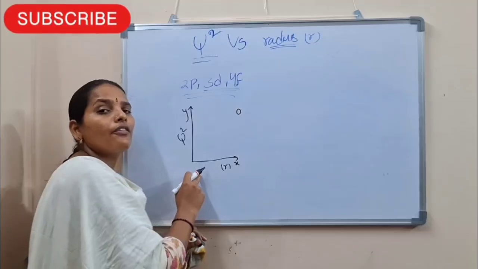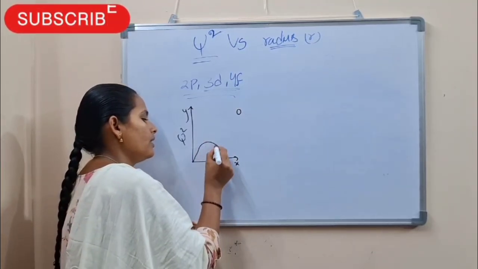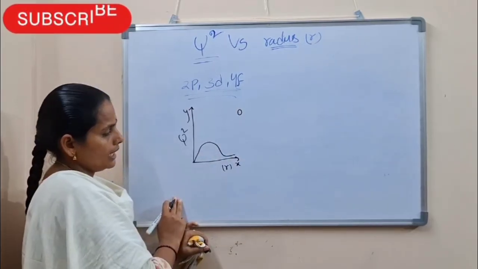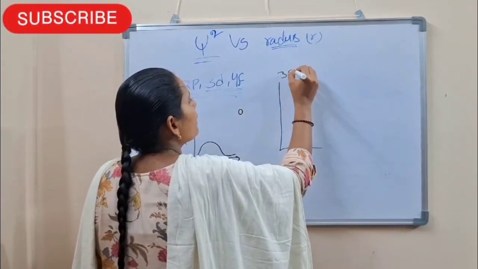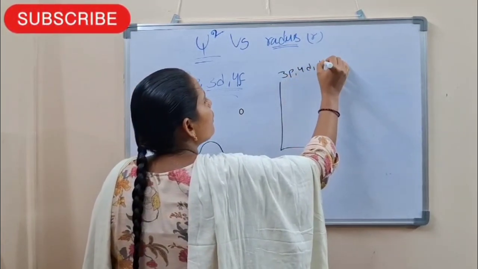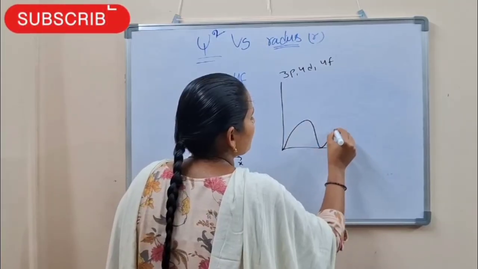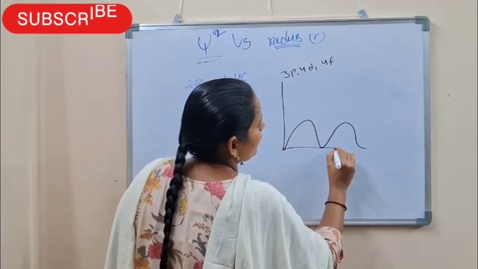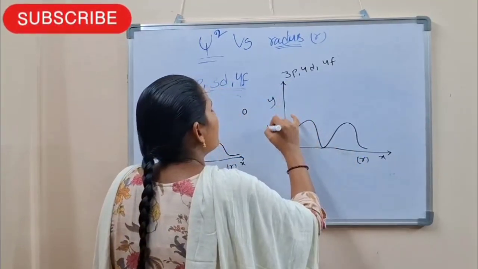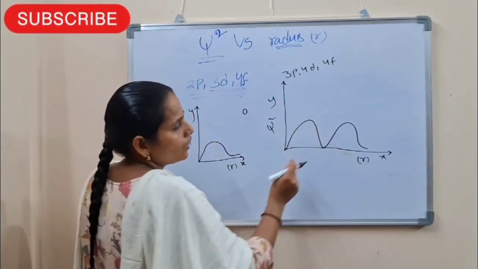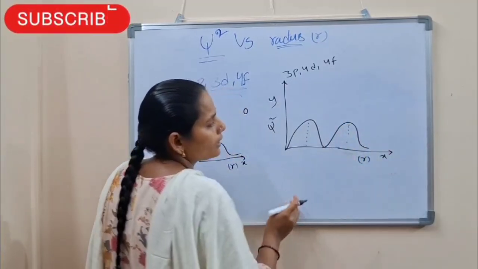For these orbitals, the graph starts from the nucleus and looks like this. For 3p, 4d or 4f, the graph will be like this. The maximum of the peak decreases by increasing the nodes.